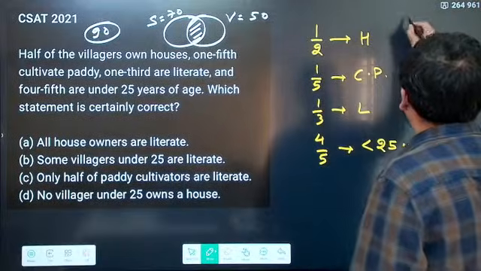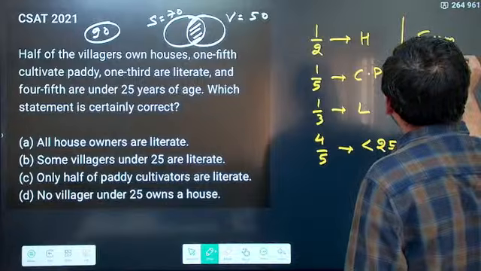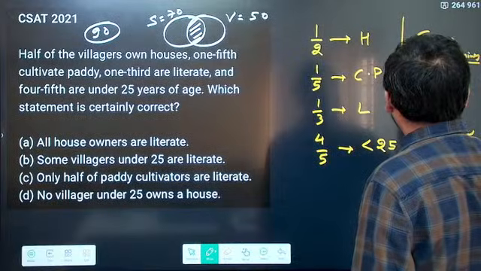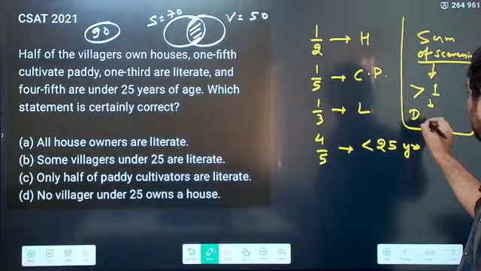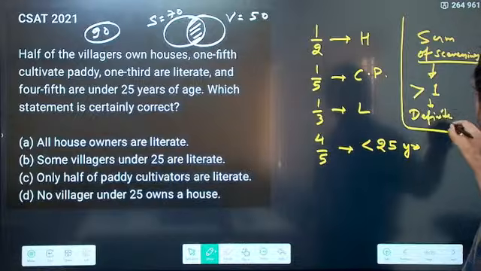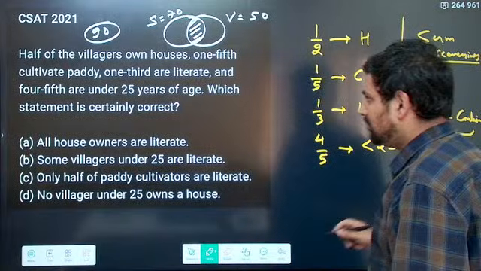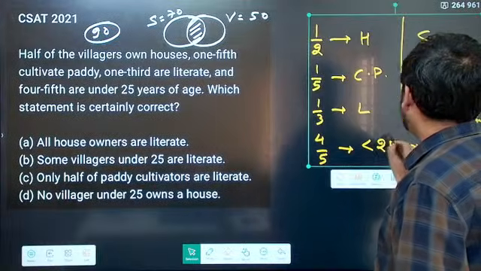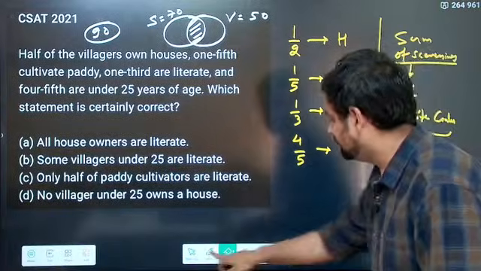So basically, if the sum of any of these scenarios becomes greater than 1, then only you can get a definite conclusion. This is the most common thing: you will get a definite conclusion when the sum actually crosses 1.